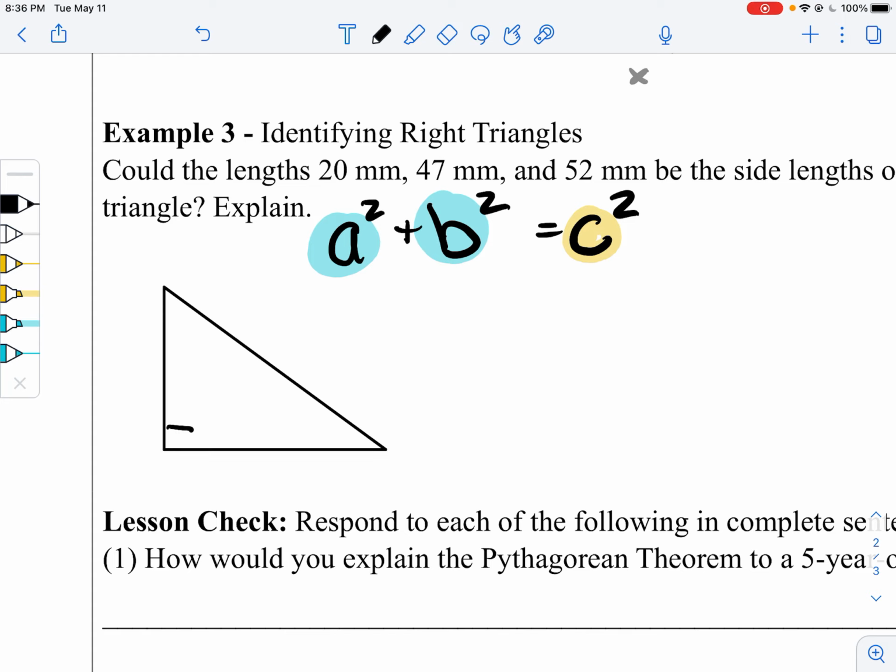We have to figure out which of these lengths is our hypotenuse and which are our legs. Now we know our hypotenuse is always our biggest side. So this one is 52 millimeters. So 20 and 47 millimeters are going to be our other legs.